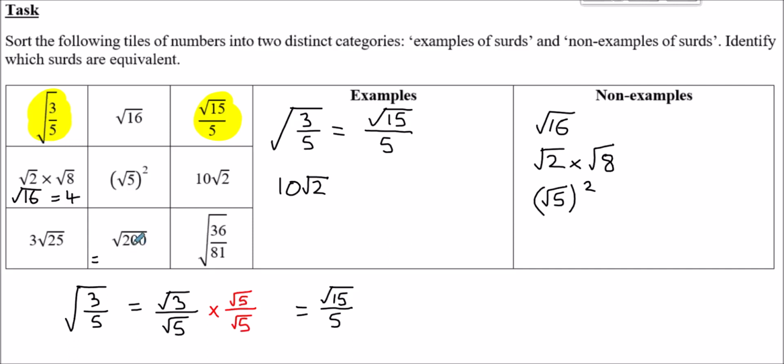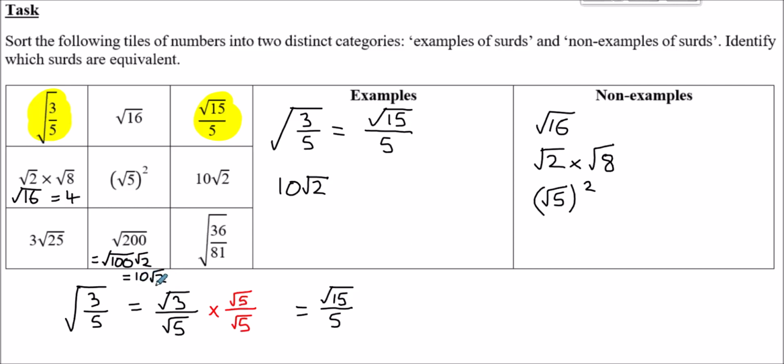Why did I say 100 times 2 instead of, say, 4 times 50? It's because 100 is a square number. And so if I rewrite this as root 100 root 2, then we can then square root the square number. So root 100 root 2, square root of 100 is 10, and we can leave root 2 on its own.